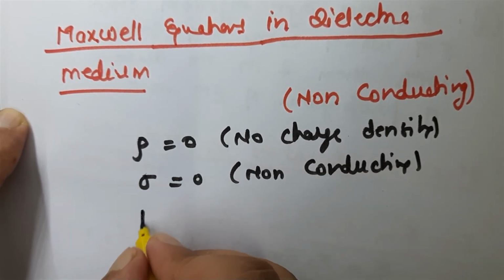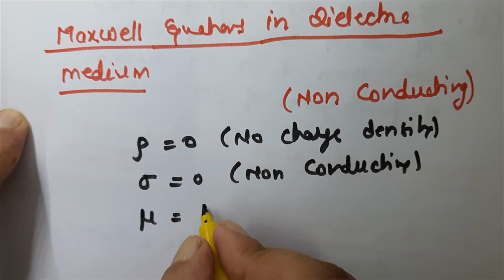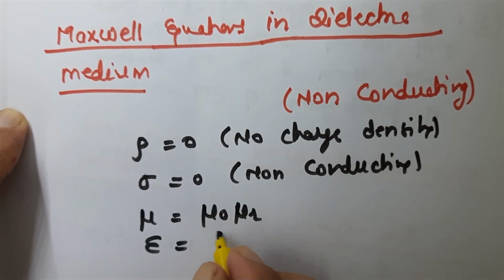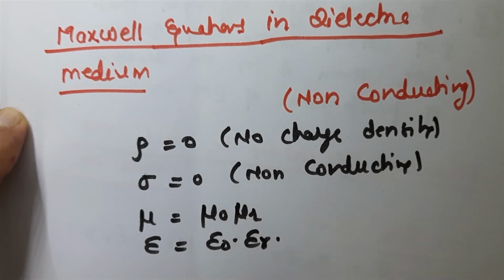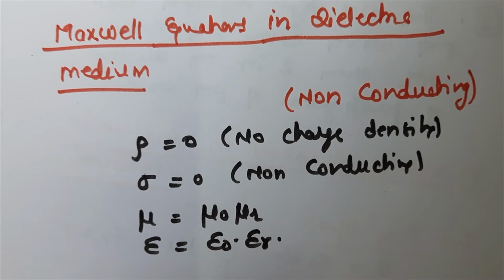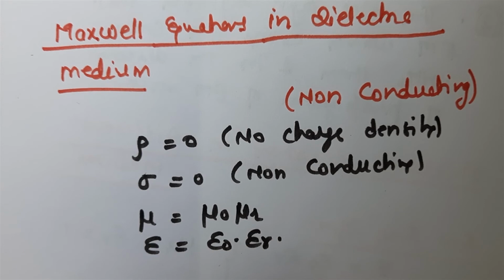This mu in this case can be written as mu 0 into mu r, and epsilon can be written as epsilon 0 into epsilon r. In this case, mu r and epsilon r are not equal to 1, as we had replaced epsilon r and mu r equal to 1 in the free space medium. But now it is not the case.